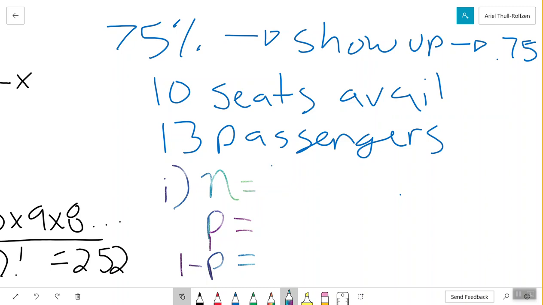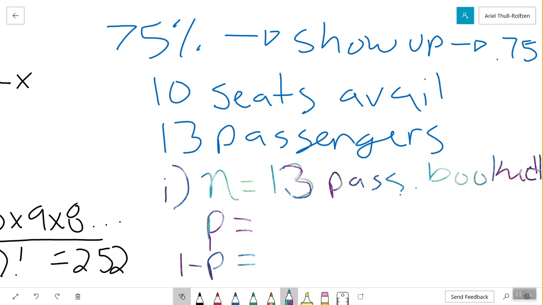So n is going to be 13. That's why it's so important to read those problems very carefully. So n would be the 13 passengers booked. Because remember, she's calling these 13 people and she's booking 13 for the 10 seats that are available.